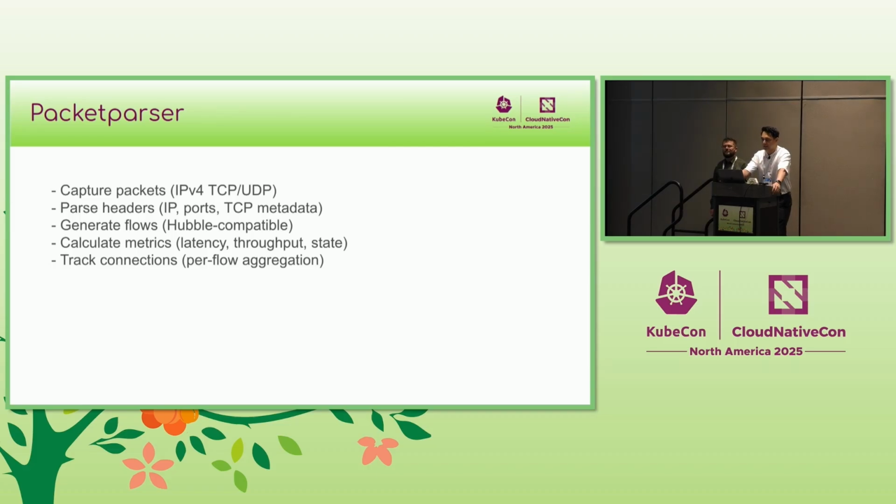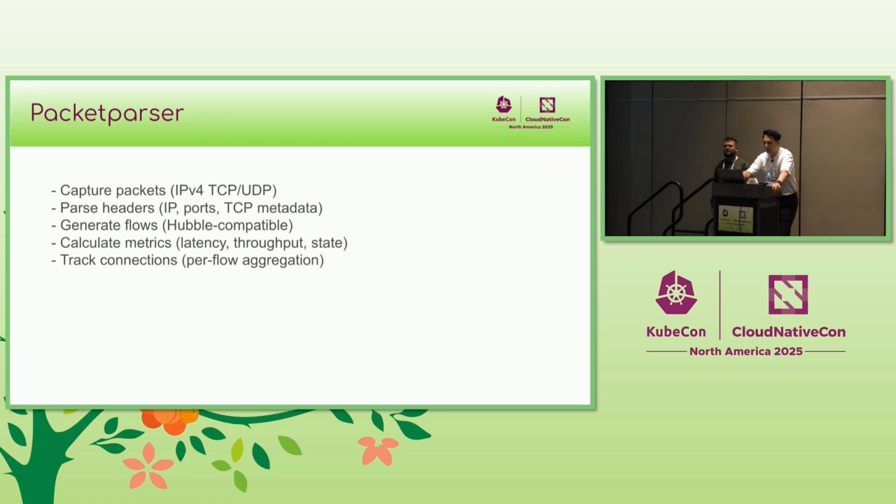It also does pretty deep parsing of the packets, extracting IP, port, TCP flags, sequence numbers, TCP timestamp, everything needed for network observability. It also generates Hubble-compatible flow events, so you can actually use Hubble, which is really great. It also has the metrics foundation, so it will inject metrics of latency and throughput that you can see, or even do TCP state analysis through the metrics. And optionally, it also has connection tracking via conntrack, but that was optional. It was not enabled.